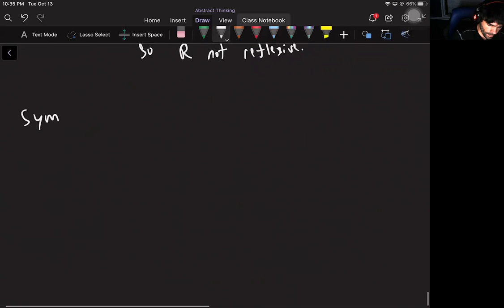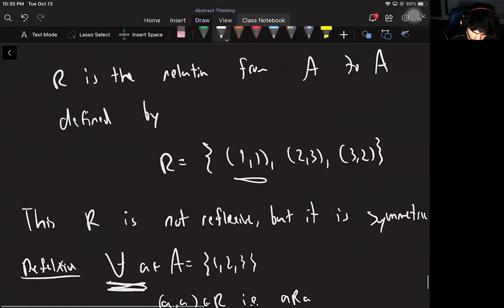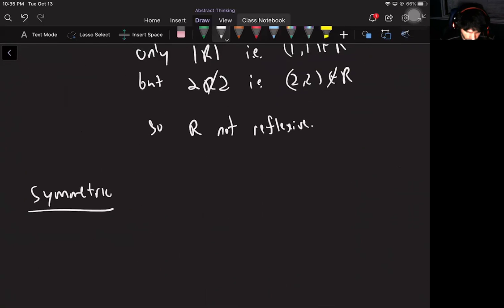Symmetric, again, it's an if-then. So I have to look at each one in here. I only worry about the ones that are actually in there and see if their reflection, the ordered pair that's the opposite, is also in there.